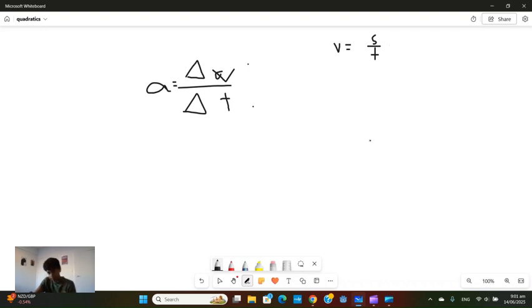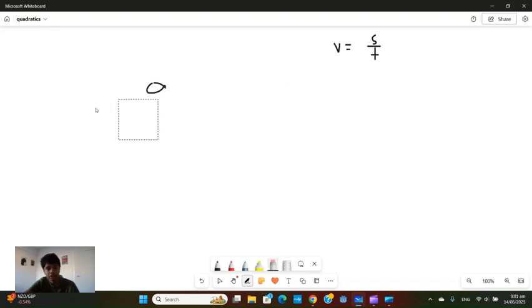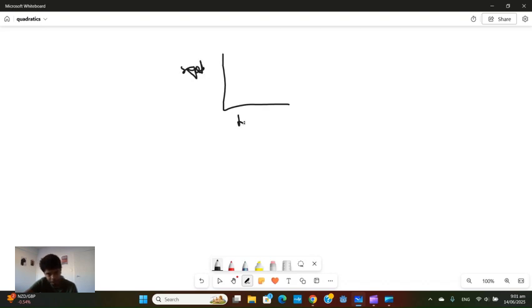There's also speed time graphs. This, instead of distance, uses speed, you probably have guessed. So you'll have your line. This is speed. This is time. So here, if it's a straight line, then that is acceleration.